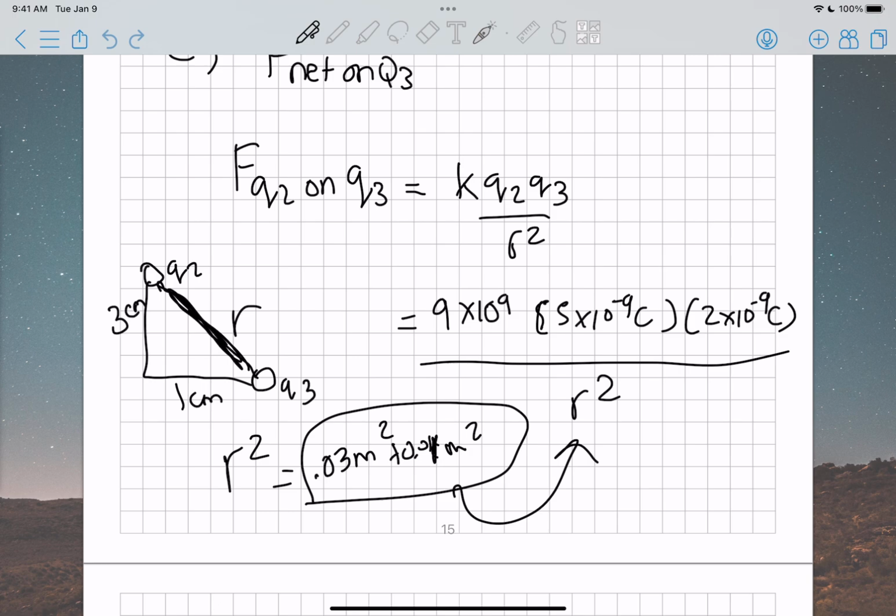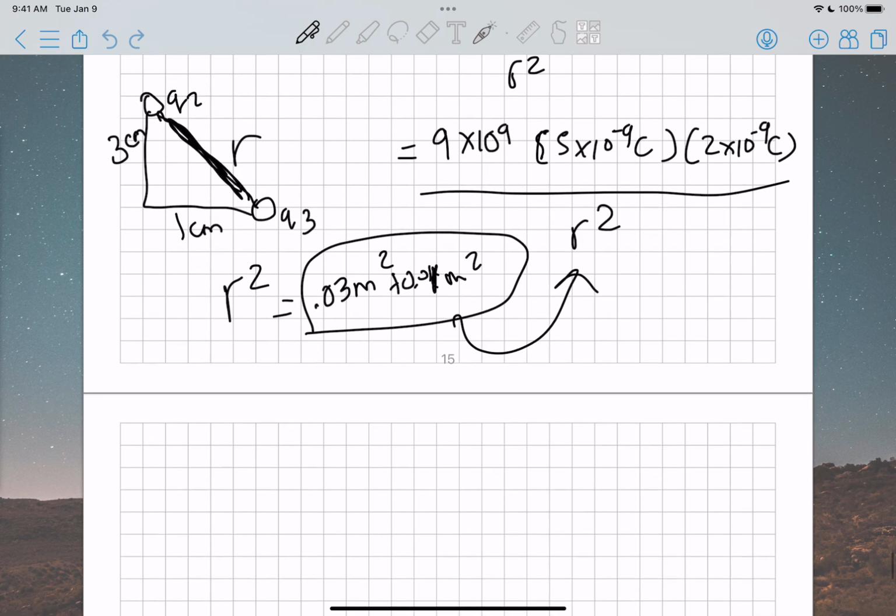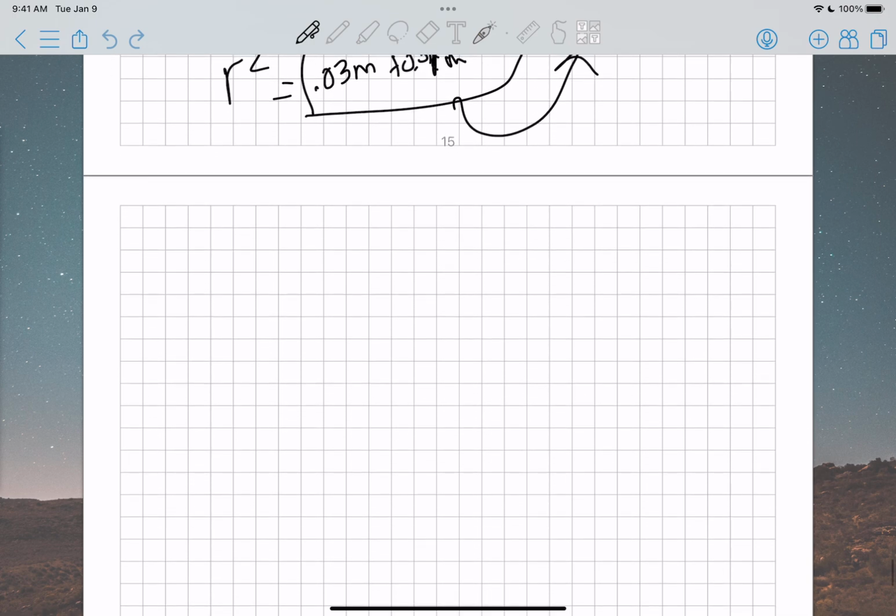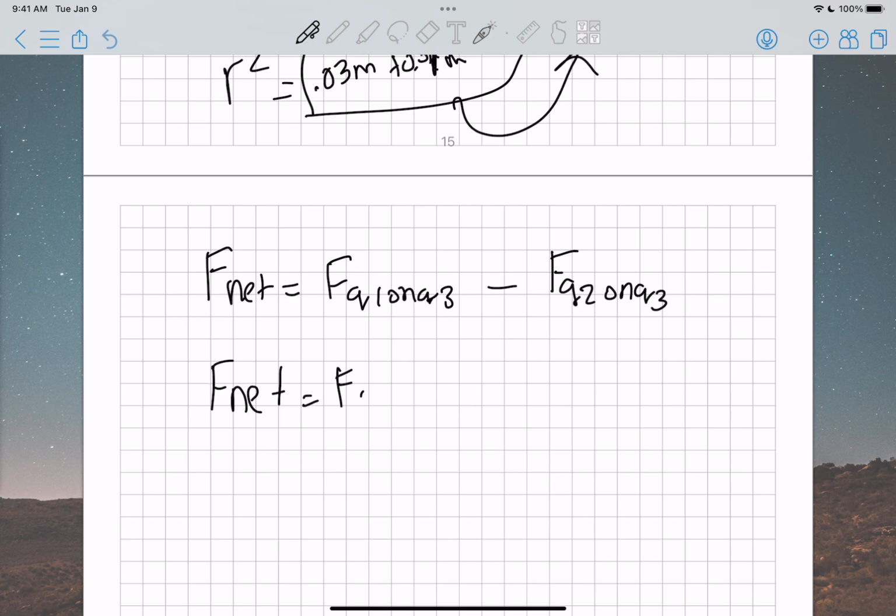But yeah, that's how you figure out Q2 on Q3. Now we're not done yet, because we want to figure out the net force. So you might be thinking, well, F net, there's F Q1 on Q3 and F Q2 on Q3. Can I just add them together or subtract them? Well, you can't. Why? Because you have x and y components to each one. So really, F net is equal to the square root of F net x squared plus F net y squared.